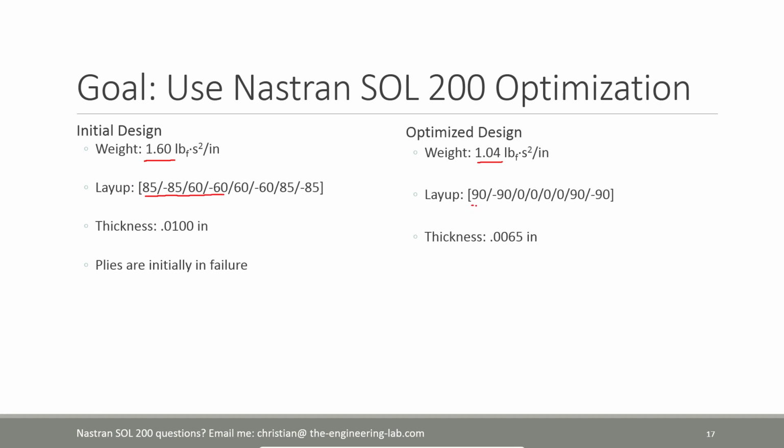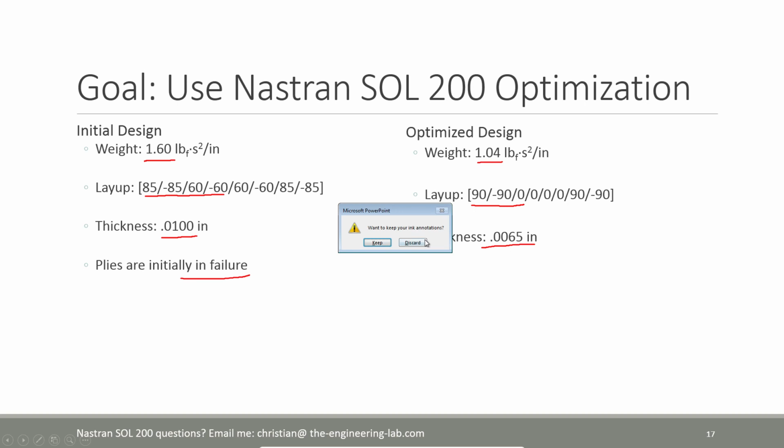Our optimized layup was composed of 90 and 0 degree plies. Our thickness went from 0.01 and it went to 0.0065. Our plies were initially experiencing failure, but then by the end, the optimized model had plies that were satisfying our failure criteria. Now, the question for this global optimization we are performing: can we find a better solution than 1.04 units of weight?